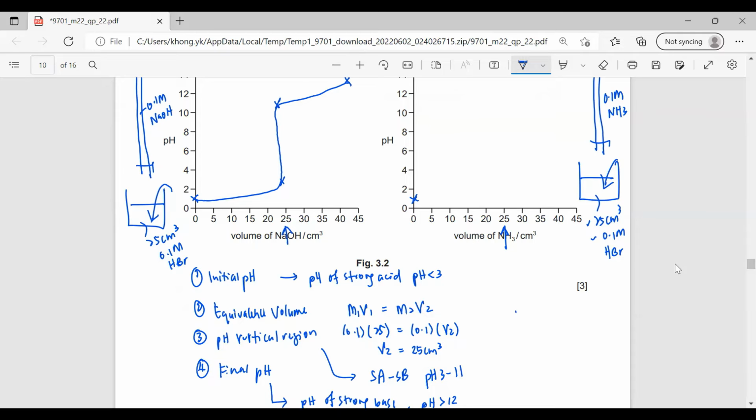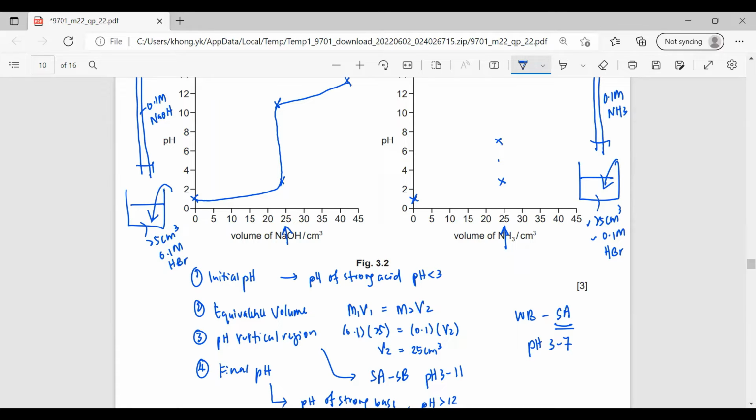Since this is a weak base and strong acid titration, the vertical region will be towards the stronger side, which is the acid. So in this case, the pH will be around pH 3 to 7. So I'll mark it pH 3 to pH 7.